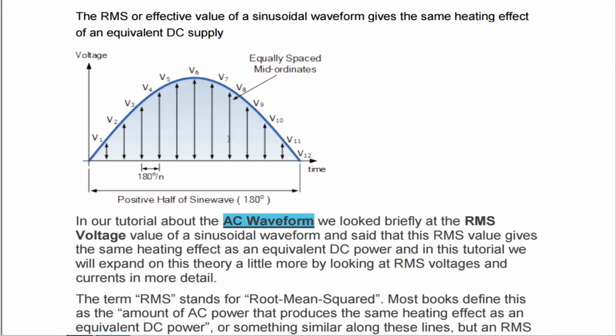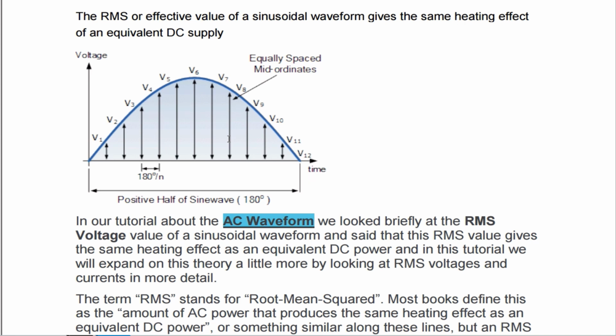So, as I told you in the earlier class, RMS means root mean square value. This is the positive half cycle that has been shown in the picture, where on the x-axis time is there, and on the y-axis you have voltage.